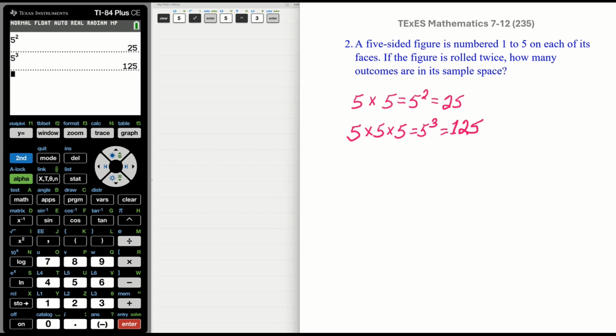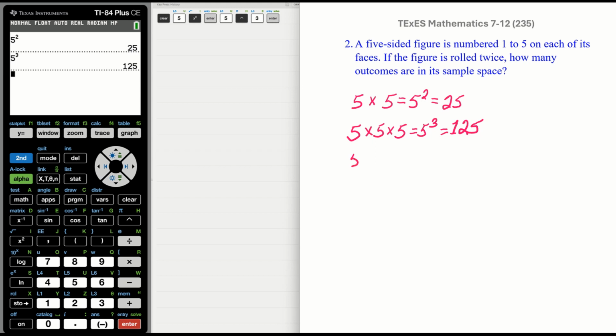There'll be other videos that talk about with replacement, without replacement. A die or a number cube of any kind is never going to be without replacement. You're not going to scratch the number off once, and definitely you're not going to be asked a question like that.